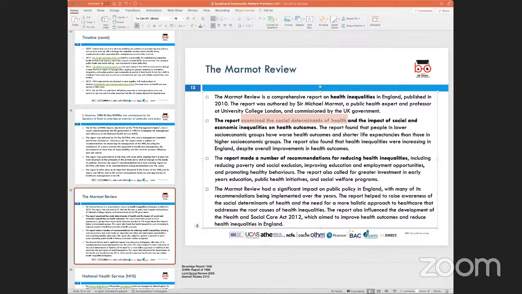And these are what are called social determinants of health. In short, they are called SDH. So if you come across this term SDH, you should be very clear that we are talking about social determinants of health.